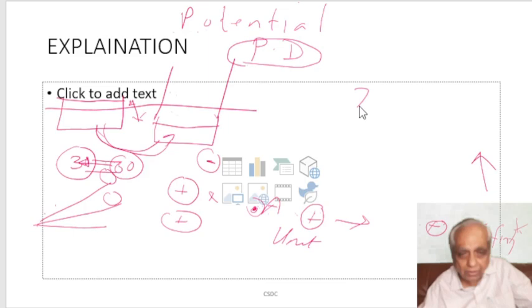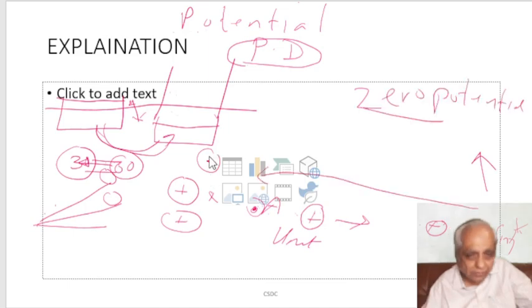So, if I bring some unit positive charge from infinity to A, I have to do some work, because as I come nearer and nearer towards A, and A is having some potential due to these charges located around it, I have to do work.